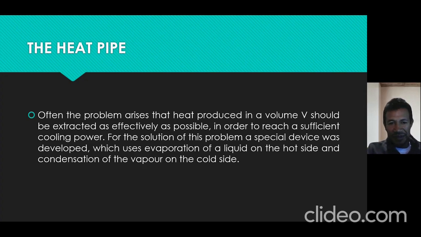This heat transport occurs by convection. This heat pipe allows a heat transport through the unit area that is larger by two orders of magnitude than can be achieved with metals.